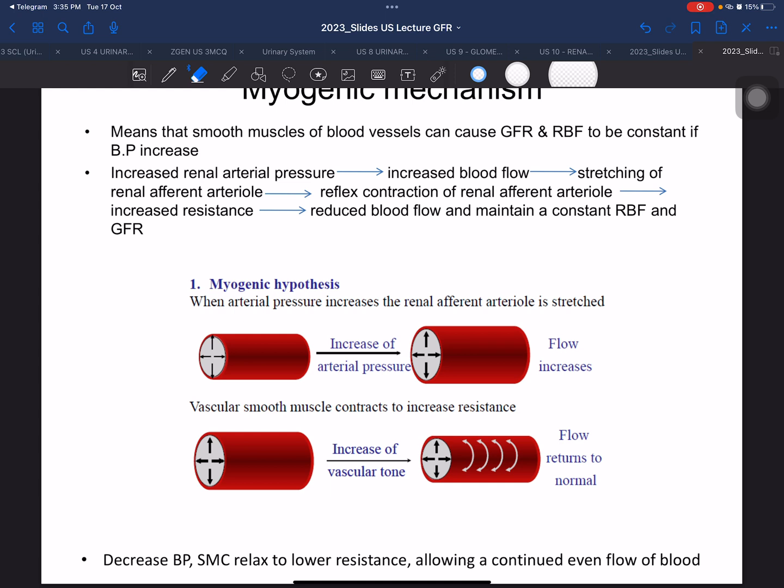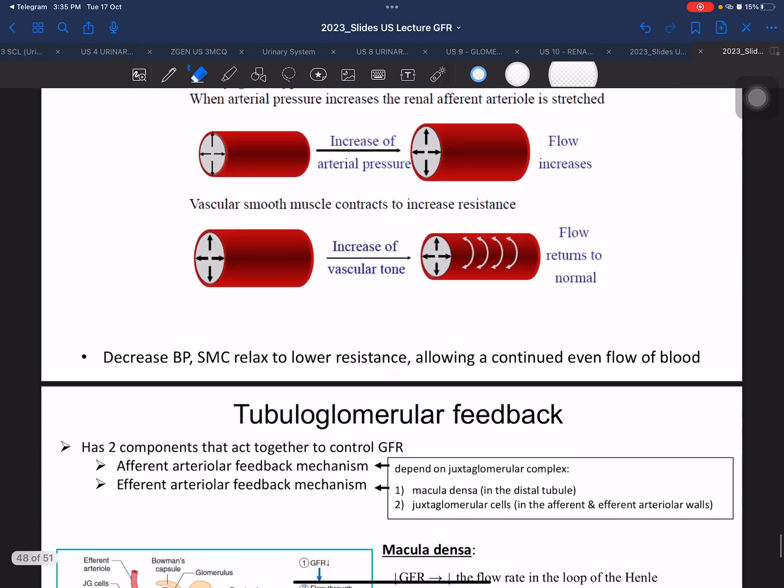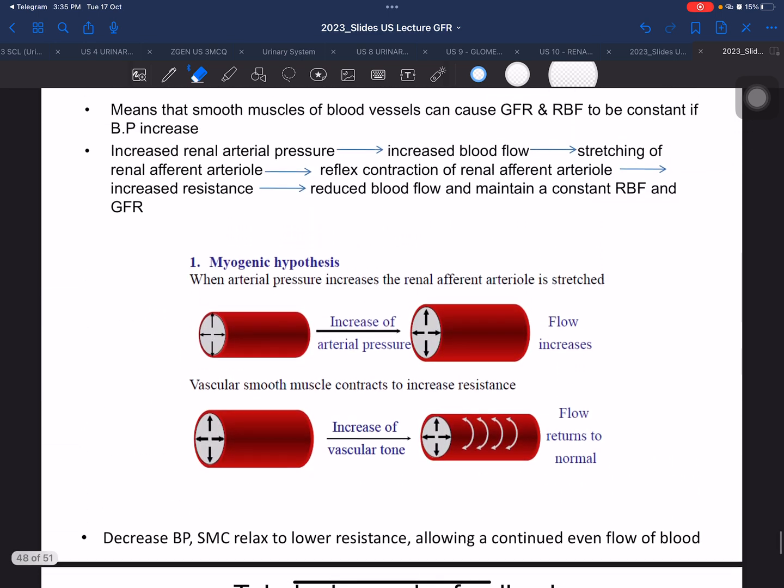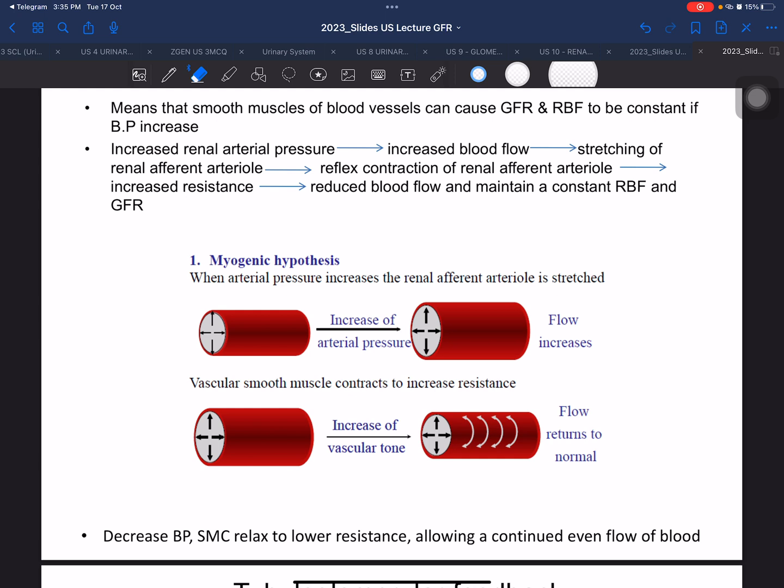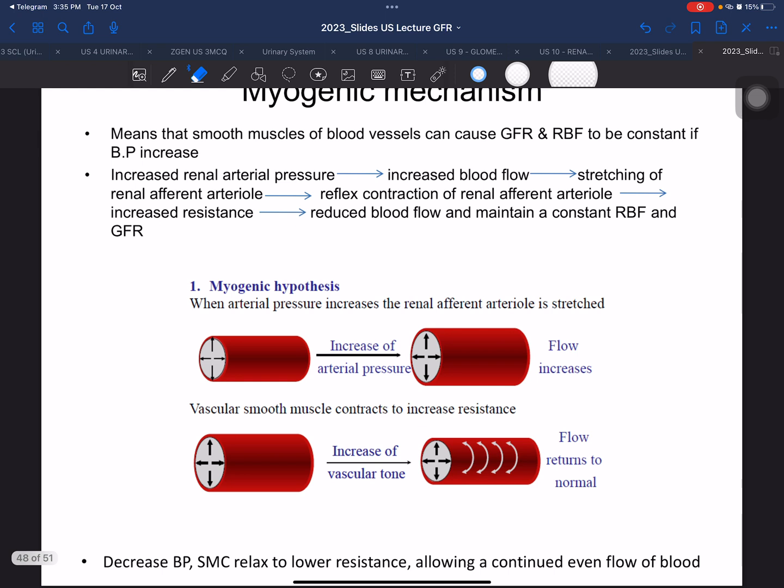For example, when there is an increase of renal arterial pressure, it will lead to an increase of the blood flow. With the increase of the blood flow, it will cause stretching of the renal afferent arteriole, and then it leads to reflex contraction of the renal afferent arteriole.